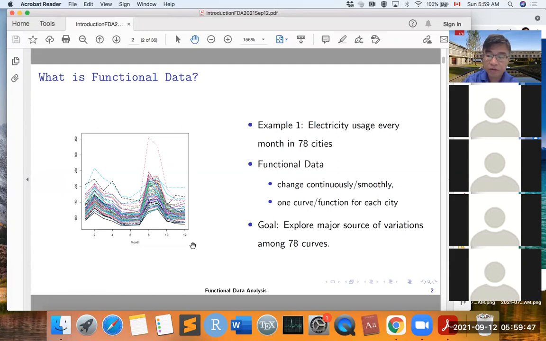This is a very important feature for functional data analysis. Our goal here is to explore the major sources of variation among the 78 curves. So this is the first typical functional data.